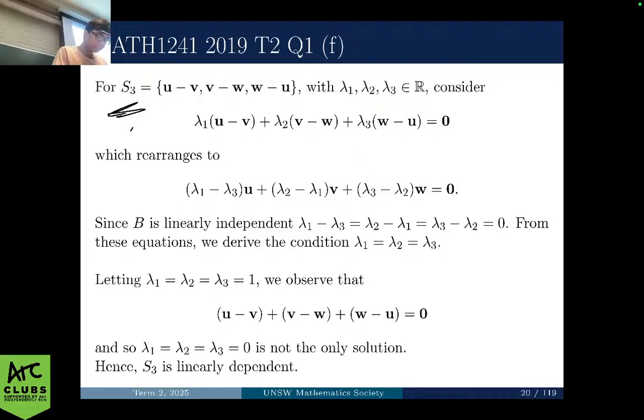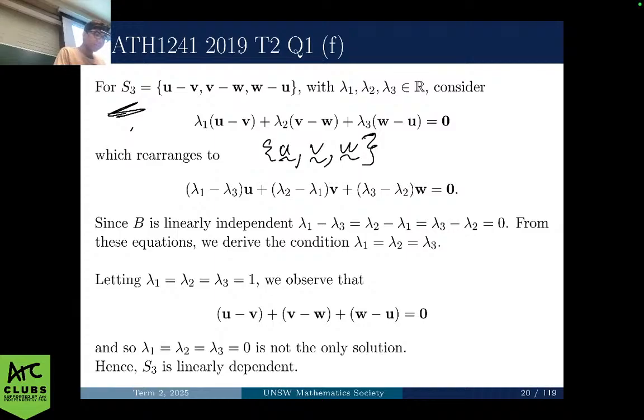So, again, same trick. We're going to group it for u, v, and w. And now I know that this equals this equals this equals 0. Because, like I said earlier, the set of u, v, and w is linearly independent.